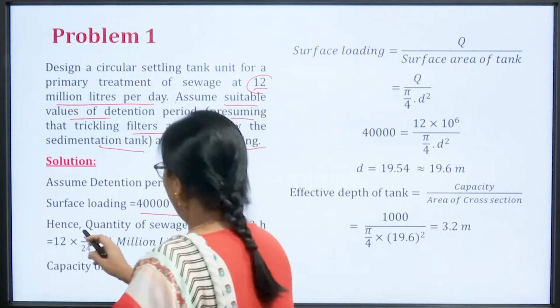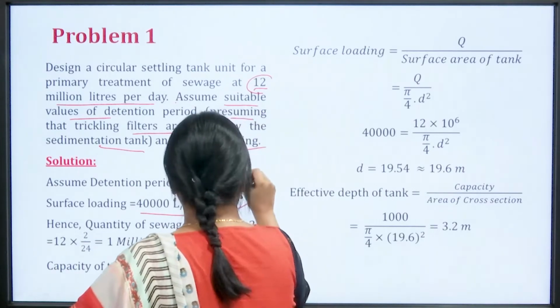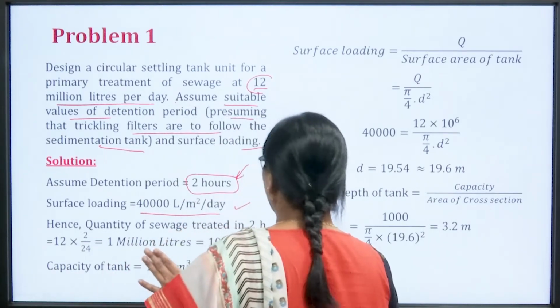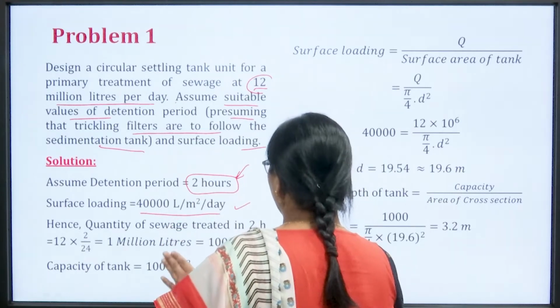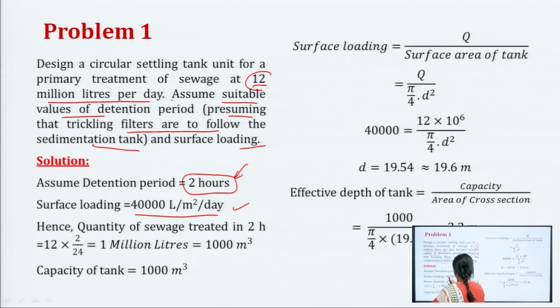Hence, the quantity of sewage treated in 2 hours. So, detention period is 2 hours. You are going to hold that water for 2 hours. The surface loading is 40,000 liters per meter square per day, right. The sewage is 12 million liters per day.